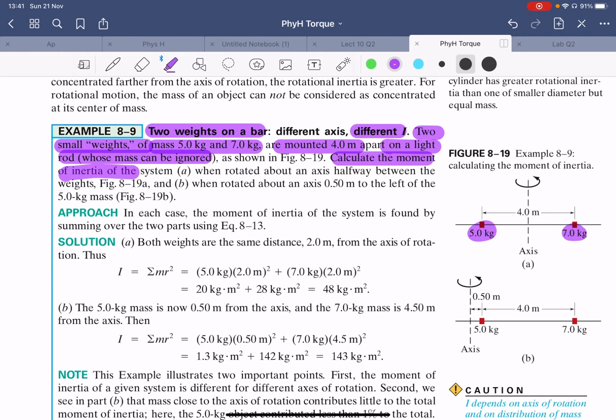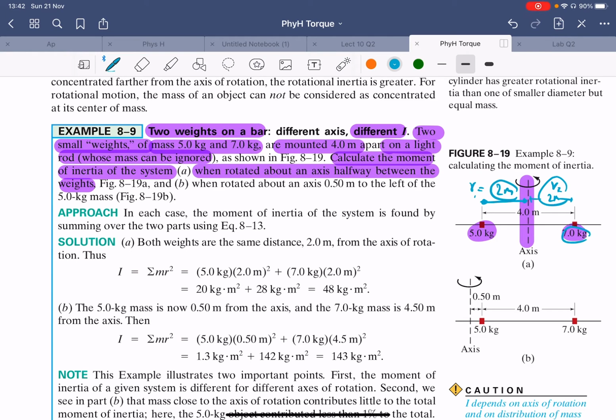Calculate the moment of inertia of the system when rotated about the axis halfway between the weights. So this is the axis of rotation, right? I just need to take the distance from the rotational axis. This is 2 meters. Square this. This is R1, and this is my R2, also 2 meters. Square this and multiply with the mass.